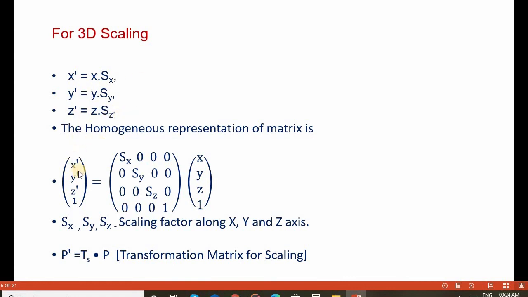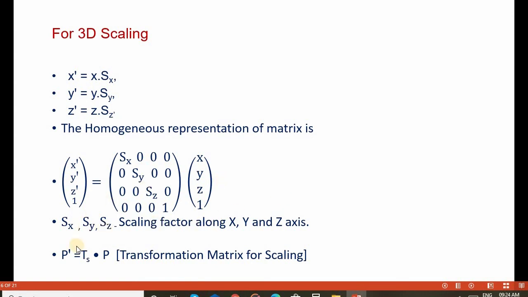The matrix is represented in the homogeneous form, such as x dash, y dash, z dash, 1 equal to sx 0 0 0, 0 sy 0 0, 0 0 sz 0, 0 0 0 1, multiplied by x, y, z, 1. After simplifying, we have the scaling matrix with sx, sy, sz.